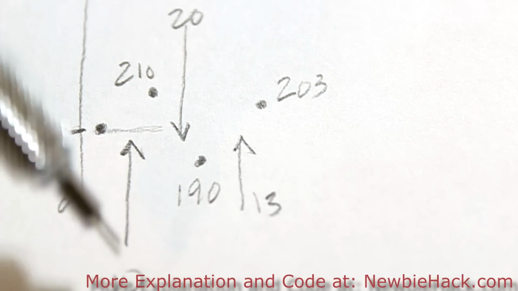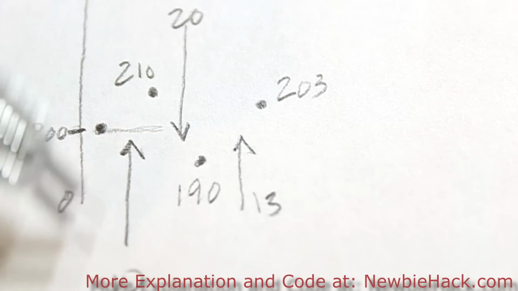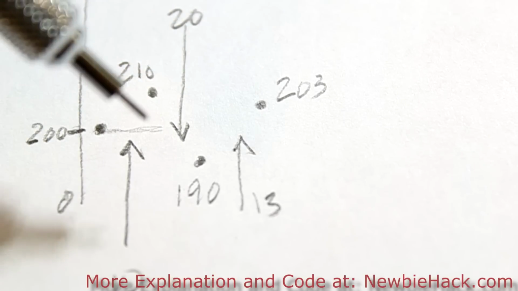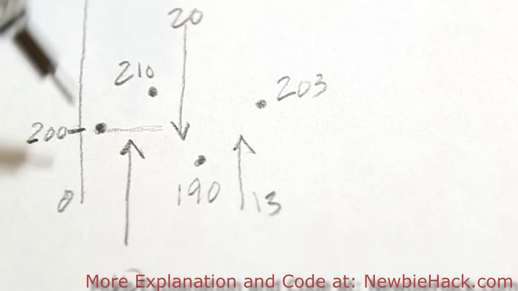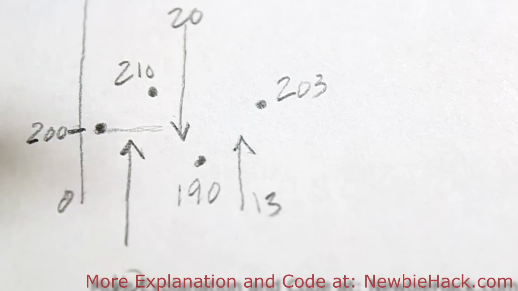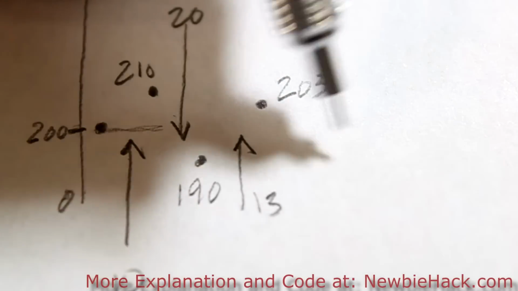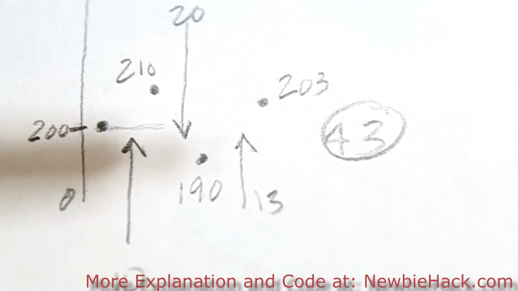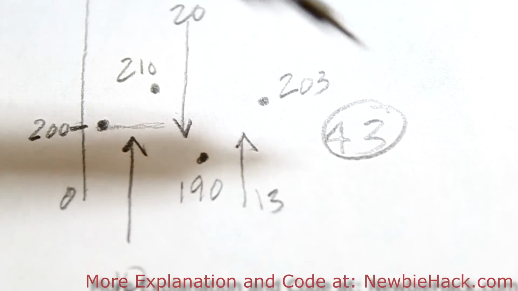Then we can take all of those deltas and add them up to see what our final result would be over many samples. So if we were just going to take 3 samples, this would be 10 plus 20, 30, so the total over time would be equal to 43. We can increase the number of samples or decrease it.